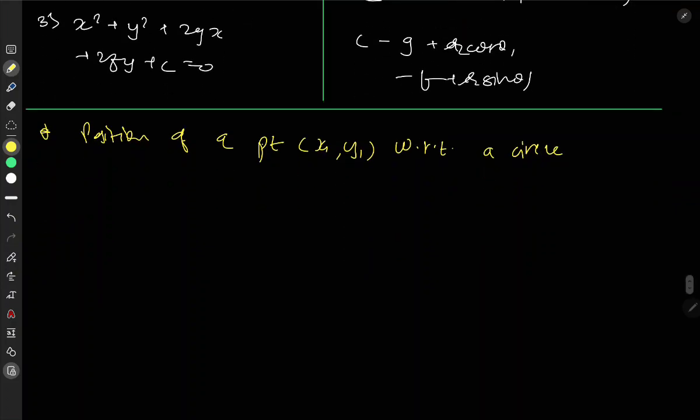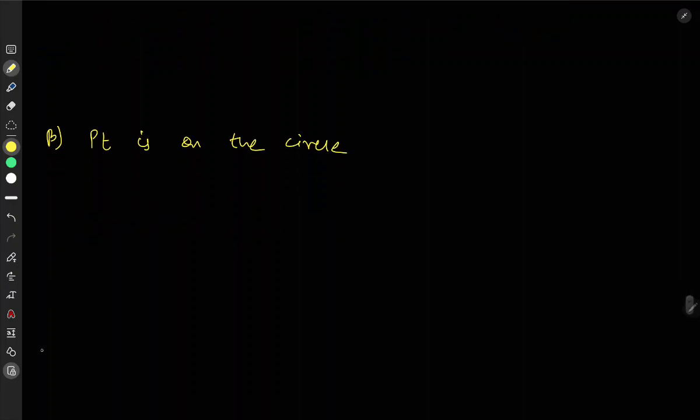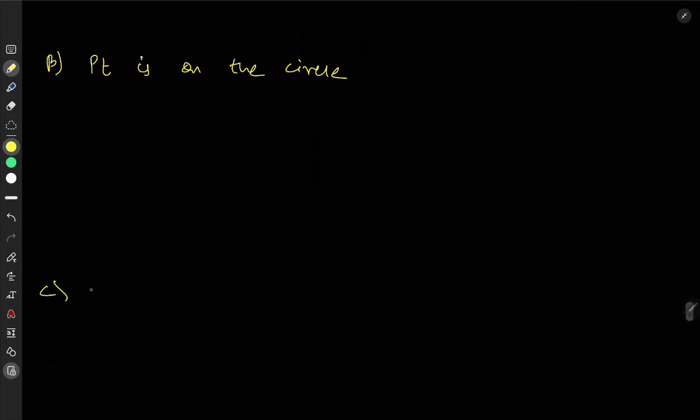So now there would be three cases. A, point is outside the circle. B, point is on the circle. And C, point is in the circle.